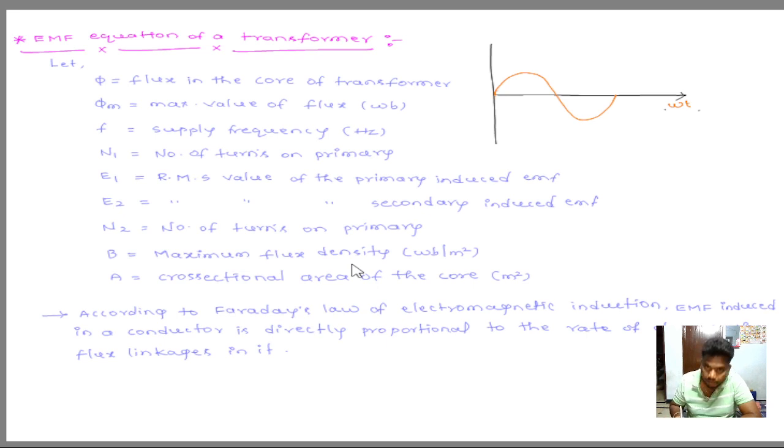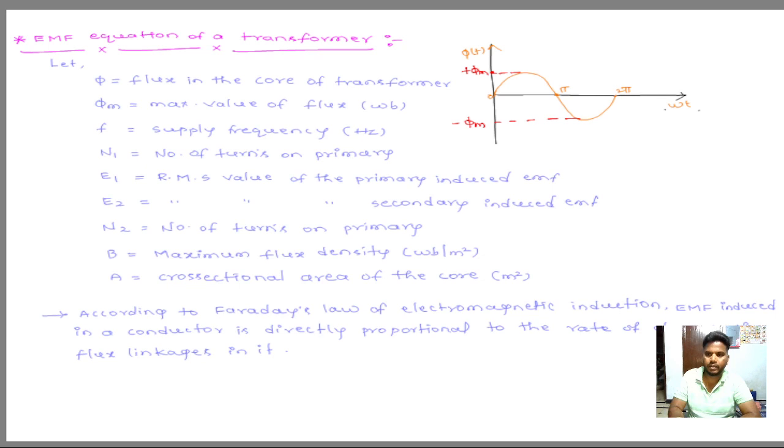This is 0, this is pi, this is 2 pi. And this is phi of t. This is the maximum value of positive flux, plus phi m, and this is negative phi m.